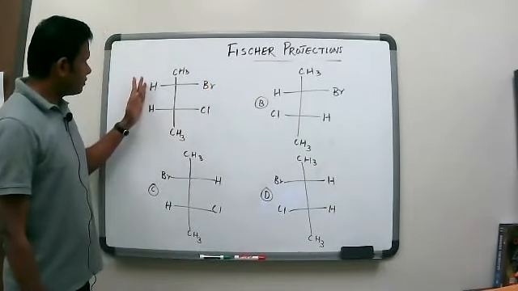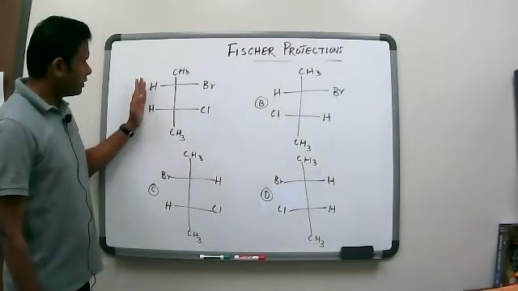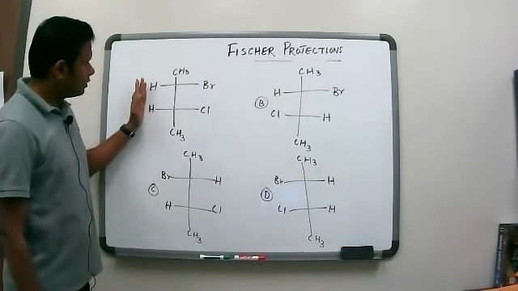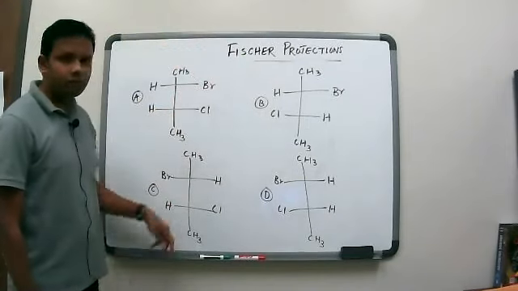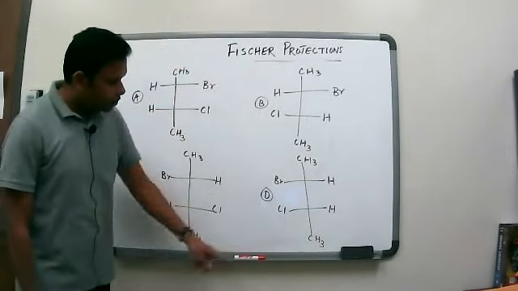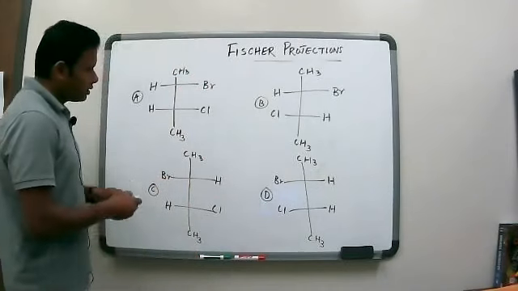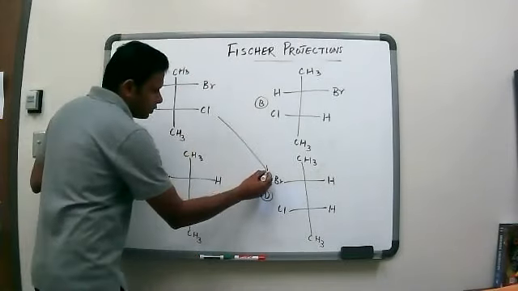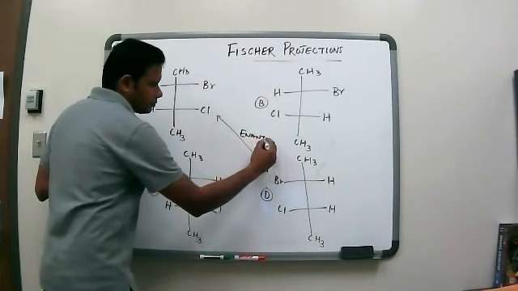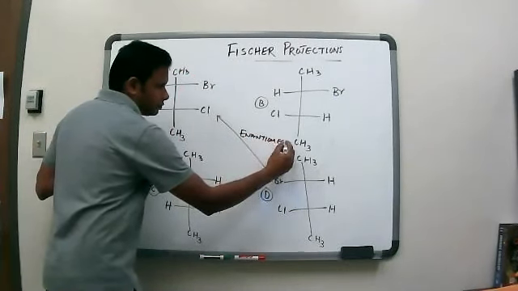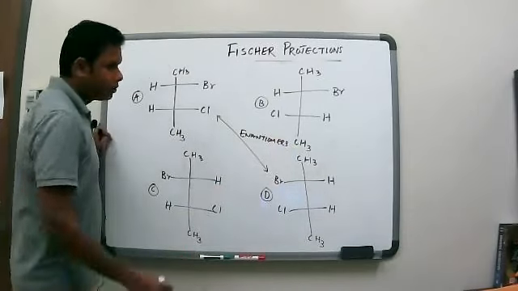The 2 hydrogens which are on the left should be on the right in the mirror image, and the Br and the Cl should be on the left. So look at it, structure D is pretty much that. That means these 2 are enantiomers. Okay, these 2 are enantiomers of each other.